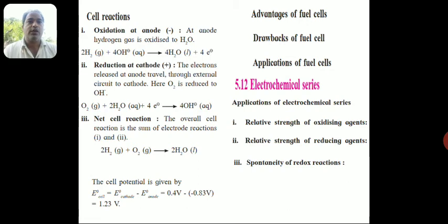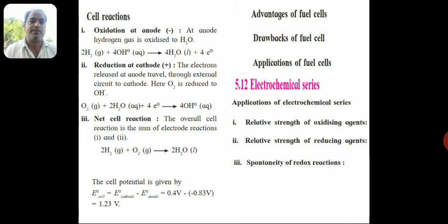Reduction at cathode: the electrons released at the anode, 4 electrons, travel through the external circuit to the cathode. Here O2 is reduced to OH minus. The reaction is O2 plus 2H2O plus 4 electrons gives 4OH minus. So now we can write the net cell reaction.